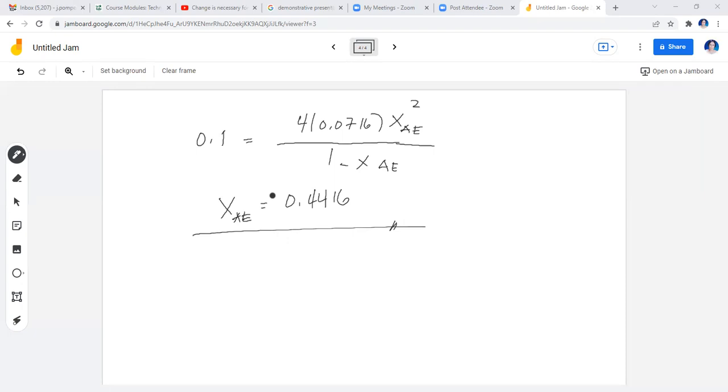At equilibrium, did the reaction already stop? Yes or no?